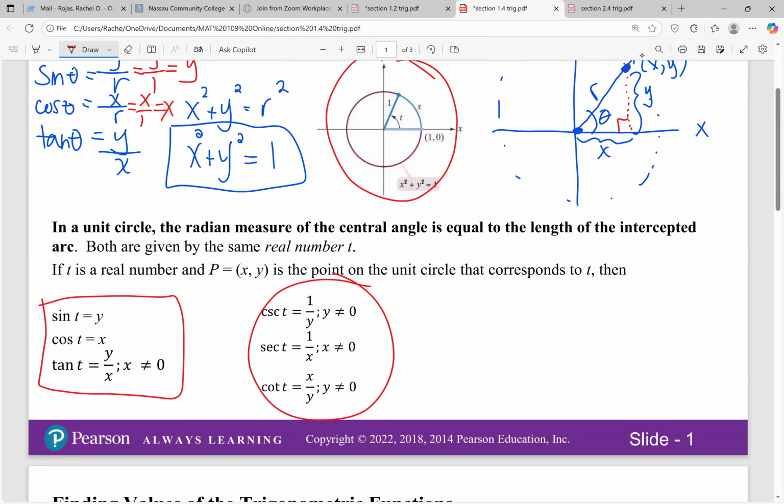And then we have our reciprocal functions. What this means is if t is a real number and P is equal to some ordered pair (x, y), and that's a point on the unit circle that corresponds to t, then we can identify sine, cosine, and tangent using these values. And then, of course, the reciprocal functions.